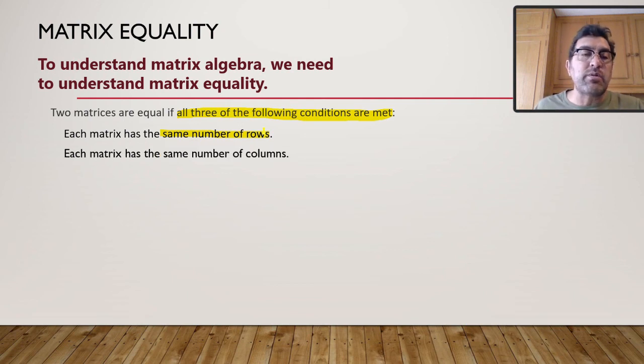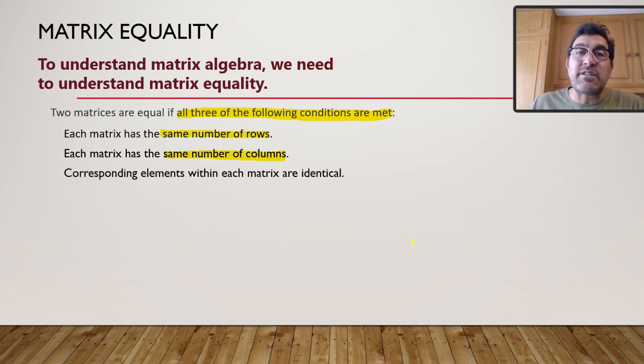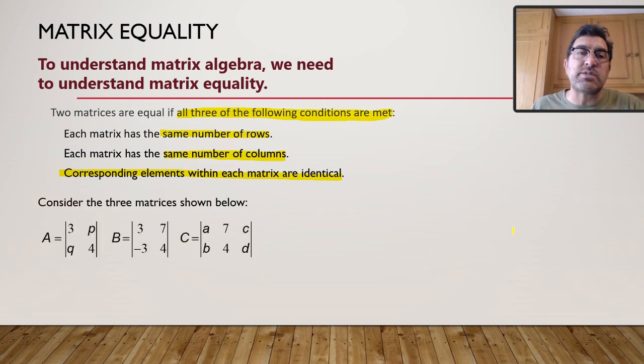Very important, each matrix must have the same number of columns. Now, if they have the same number of rows and the same number of columns, what else is left to do? There are the entries that we need to look at. So that's the third condition: the corresponding elements of each of the matrices have to be identical. So if row 1 column 2 in the first matrix has a 3 in it, then row 1 column 2 in the second matrix must have a 3 in it as well.